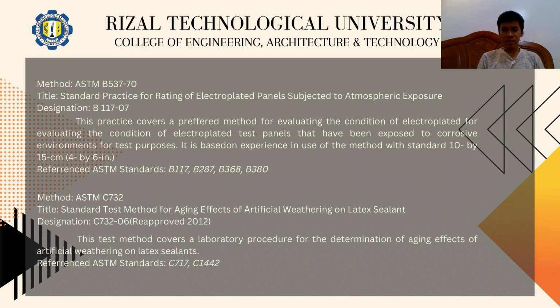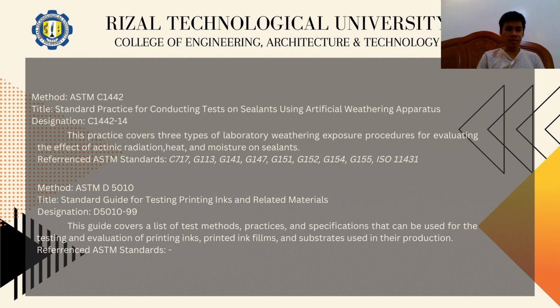In this test method, durability is tested when the sealant is used with wood or aluminum. Accelerated weathering exposure serves to indicate long-term exterior durability of the sealant. Next is ASTM C1442, Standard Practice for Conducting Tests on Sealants Using Artificial Weathering Apparatus.